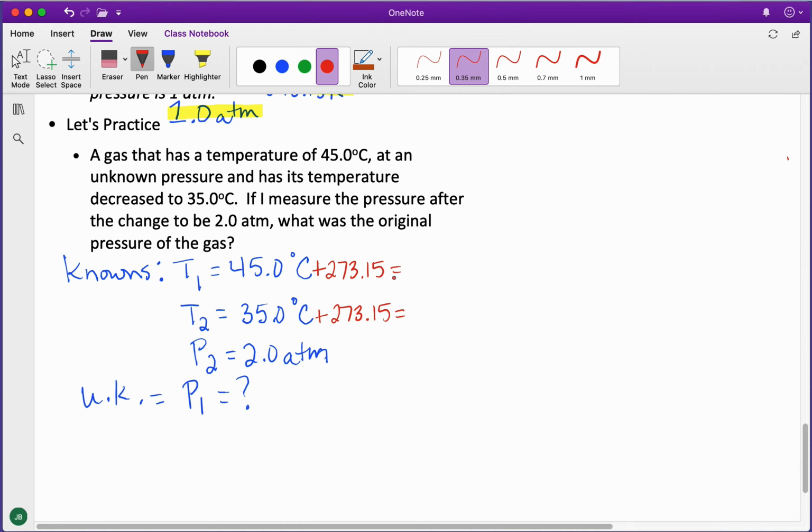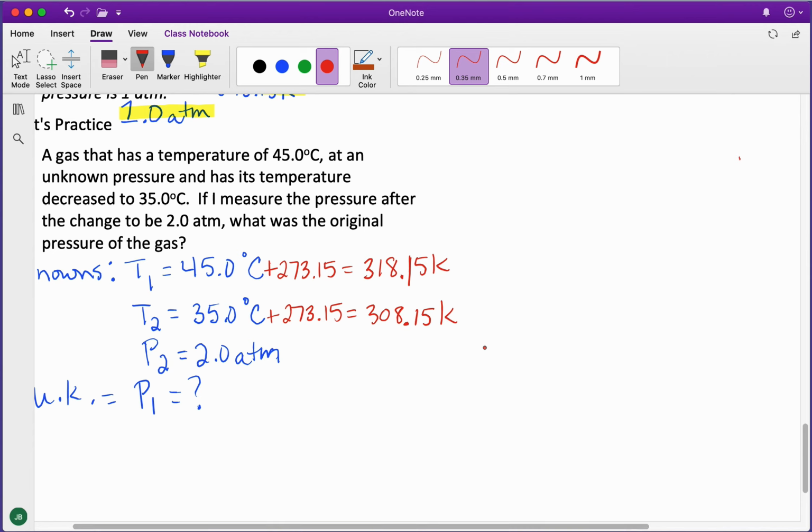All right, so your temperature 1 is going to be 318.15 kelvins. And your temperature 2, that's going to be 308.15 kelvins.